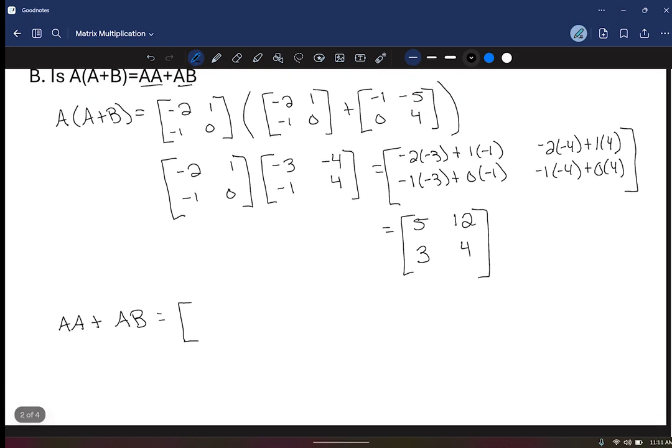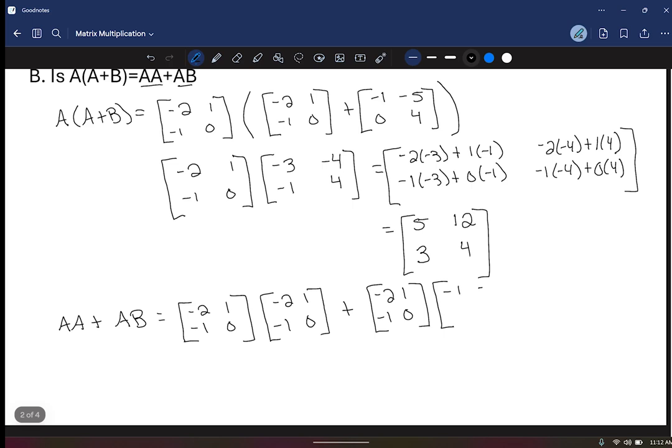So let's start off with A times A. So A is -2, 1, -1, 0, times A, -2, 1, -1, 0, plus A times B. So -2, 1, -1, 0, times B, which is -1, -5, 0, 4.